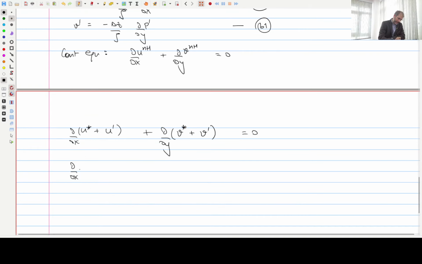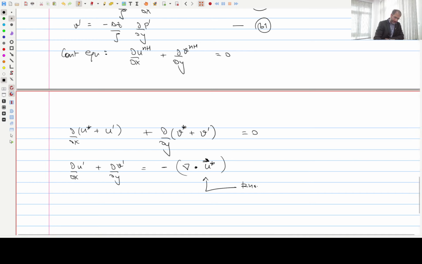So this gives us del by del x of u prime plus del by del y of v prime is equal to minus the divergence of the starred velocity. The reason I have used del dot u star on the right hand side is because u star is known. In step number 1, we calculated u star's values. So the right hand side is usually the known values, and the left hand side is the unknown values you're trying to find. So this is known from step 1.